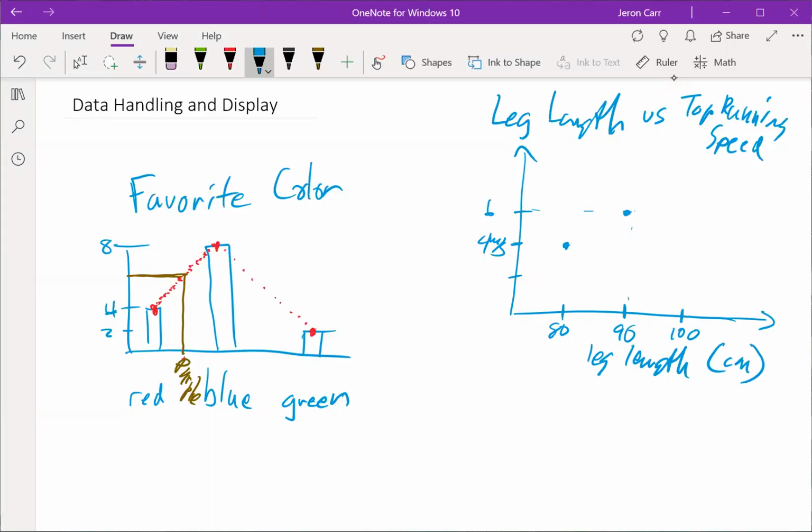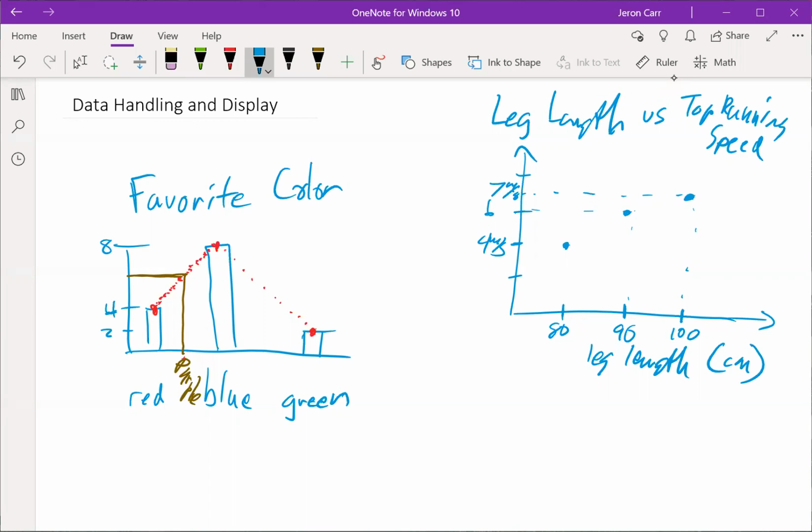And I discover that they have a top speed of 7 meters per second. Maybe even I found 5 people with 100 centimeter legs and 7 was the average. And I found 5 people with 90 centimeter legs and 6 was the average. And I found 5 people with 80 centimeter legs and 4 was the average. So each of these data points, I'm pretty confident that they're representative of people with that leg length, okay?